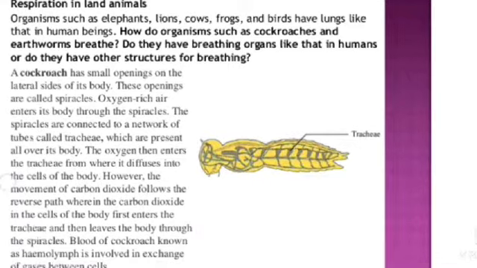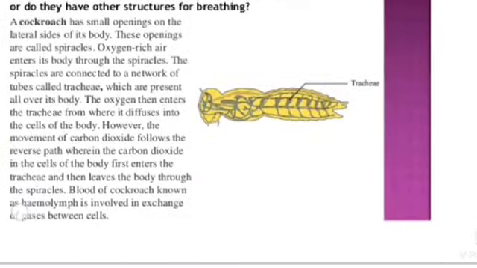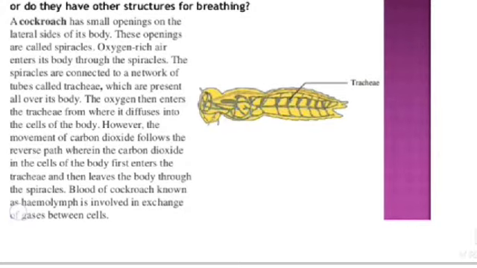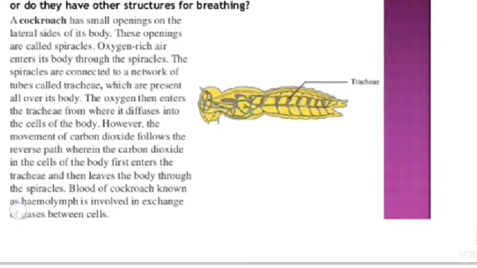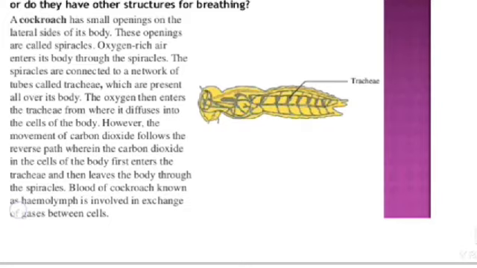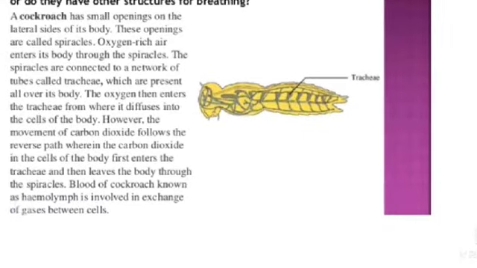A cockroach has small openings on the lateral side of its body. These openings are called spiracles. Oxygen-rich air enters its body through the spiracles.